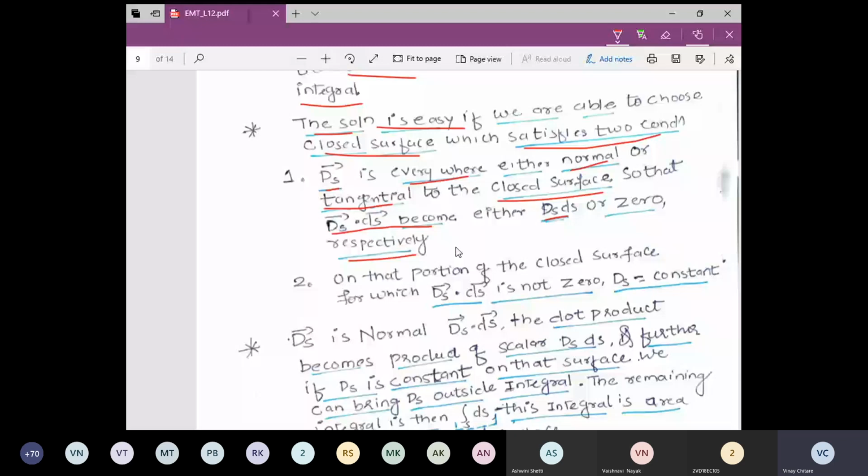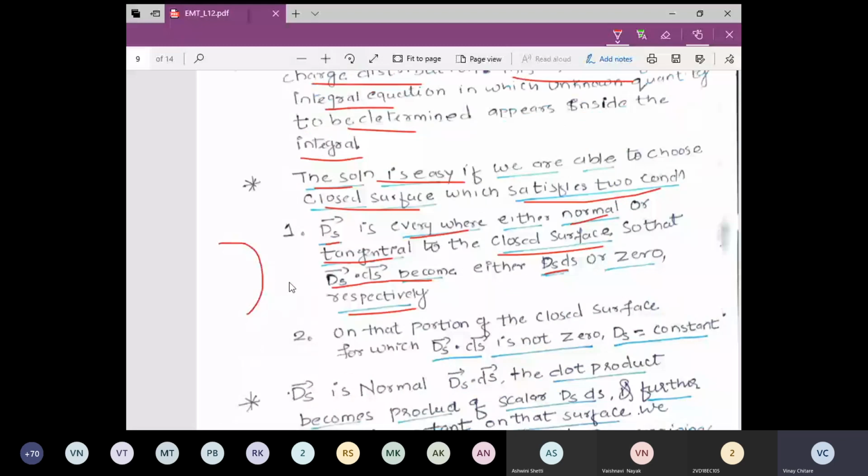What I'm trying to tell is, if you have some closed surface, my flux density should be either normal to that surface or tangential to that surface. For a given surface, we define a unit vector normal to that surface. When D is normal, they are parallel, and D dot dS becomes simply D into dS.